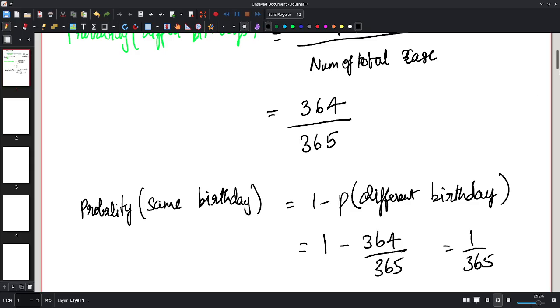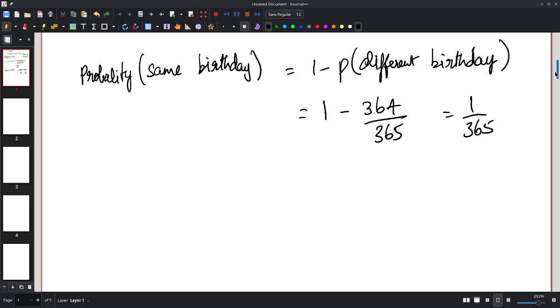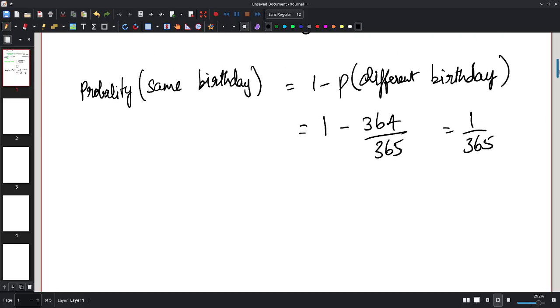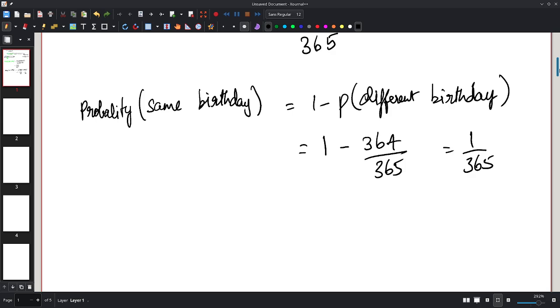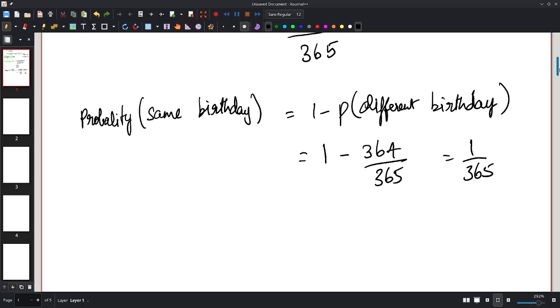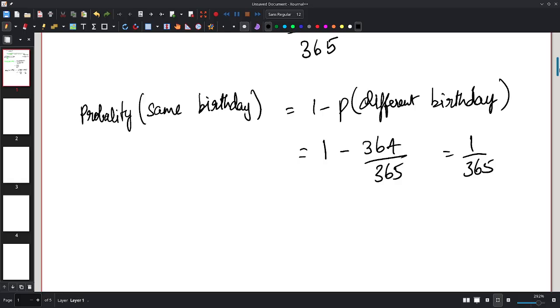So this is much lesser, because getting the same birthday is a very rare case, right? Even in a class with many more members, it is very difficult to find two persons with the same birthday.